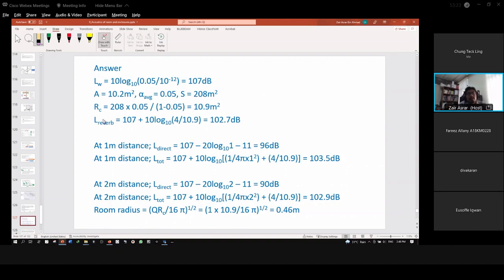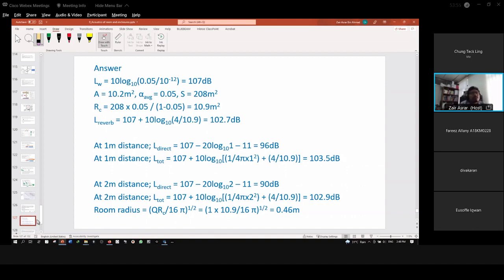And the reverberant sound pressure level equals the sound power level plus 10 log 10 of 4 over our room constant, which is given here. At 1 meter distance, we know that our direct sound pressure level will be equal to 107 minus 20 log 1 minus 11. Where do we get this?